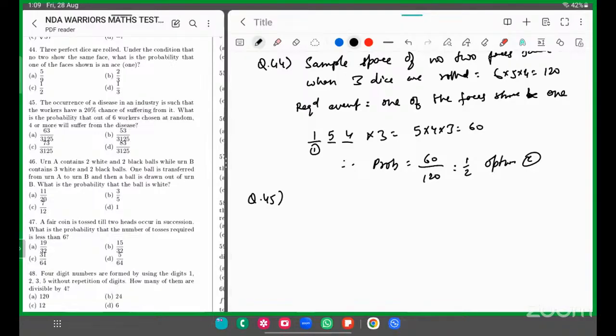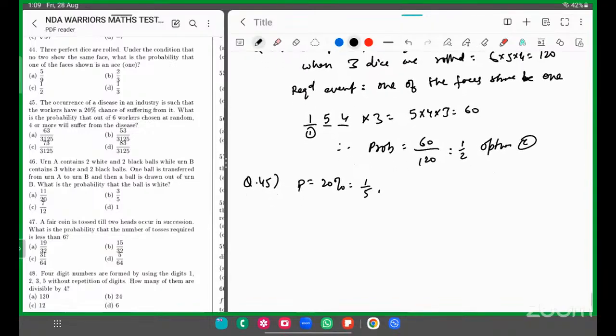Given that there are 20% chances of suffering from it, what is the probability that out of 6 workers chosen at random, 4 or more will suffer? The probability of suffering is 20%, that is 1 by 5. Not suffering will be 4 by 5.